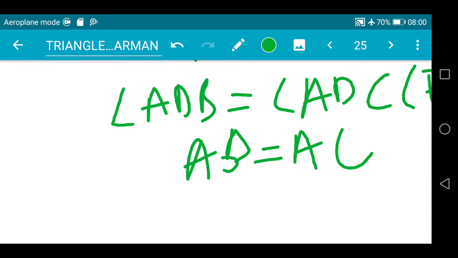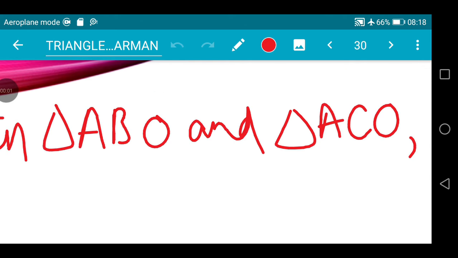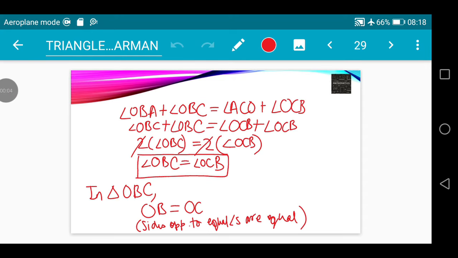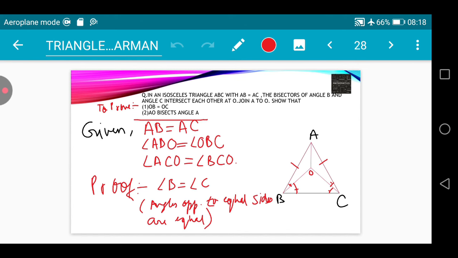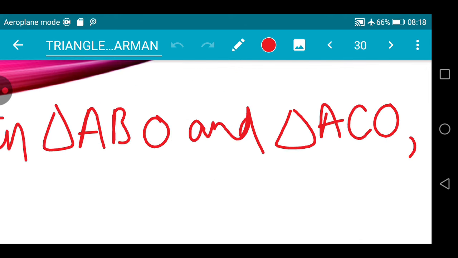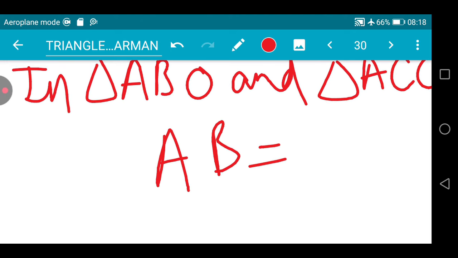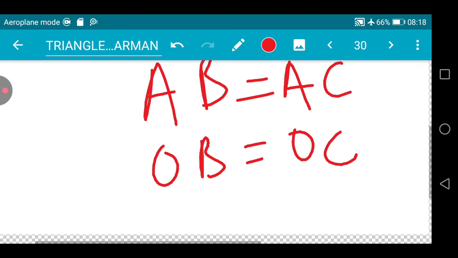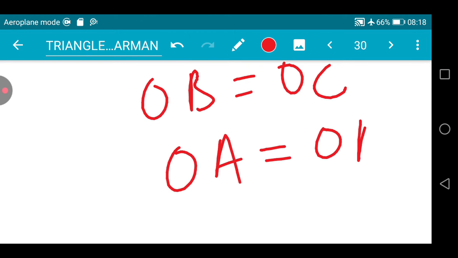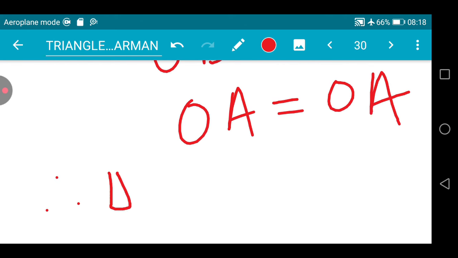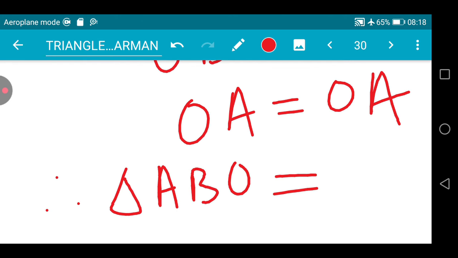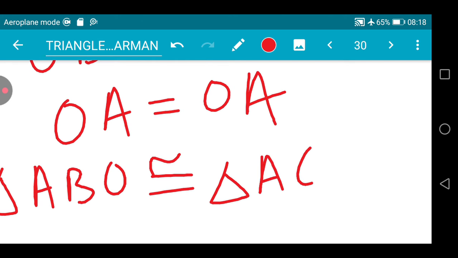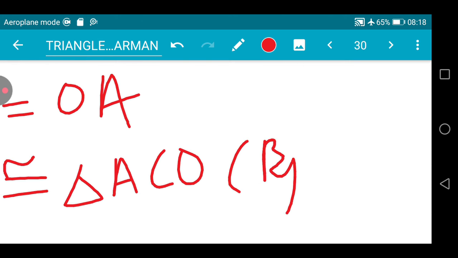In triangle ABO and triangle ACO, I have taken AB equal to AC given, OB equal to OC proved, OA equal to OA common. So therefore triangle ABO is congruent to triangle ACO by SSS.